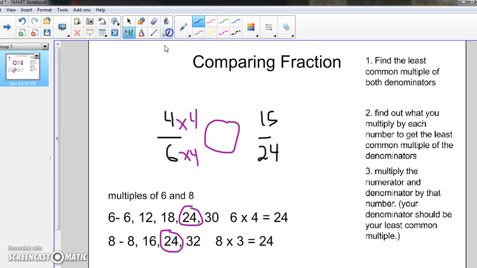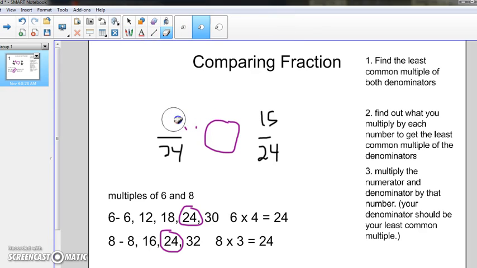And I'm going to do the same thing down here. 6 times 4 is 24. 4 times 4 is 16. So now I can compare these fractions because now the denominators are the same.